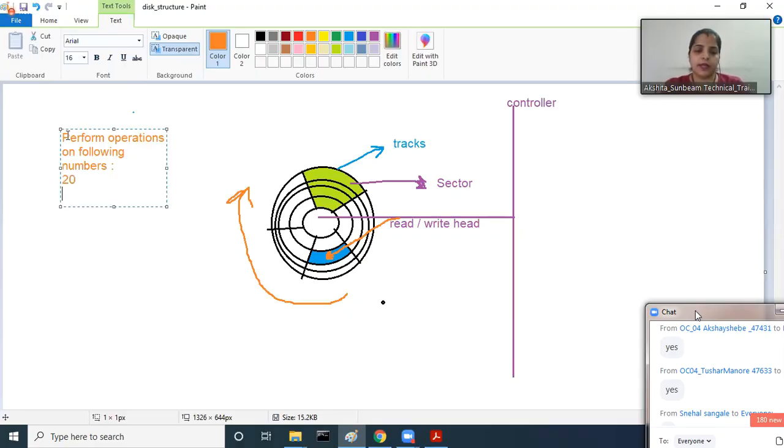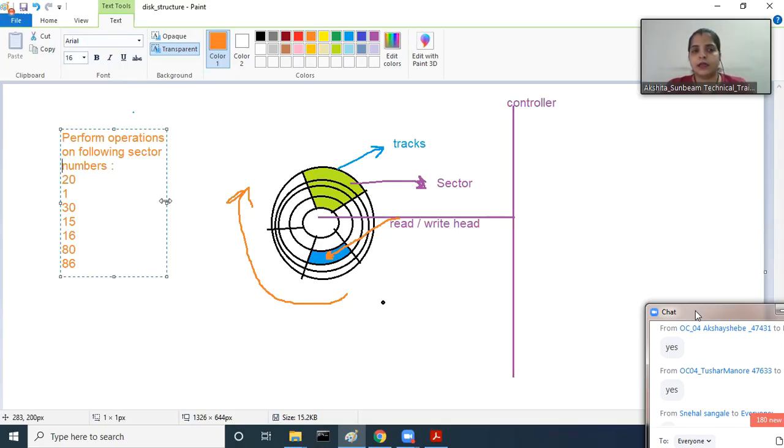Maybe I'll say 20, 1, 30, 15, 16, 80, then 86 and so on. So what are these numbers? These are, let us assume, some sector numbers.